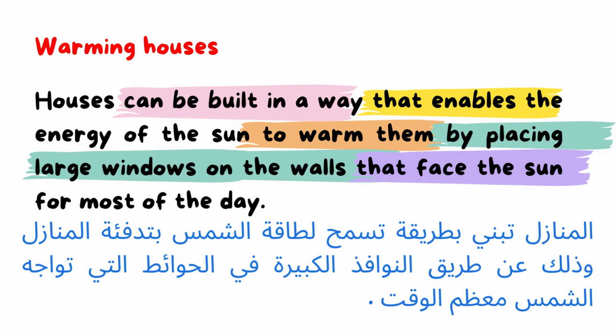By placing large windows, okay, on the walls that face the sun for most of the day, so the houses will be warm, okay. So this is about warming houses, okay.